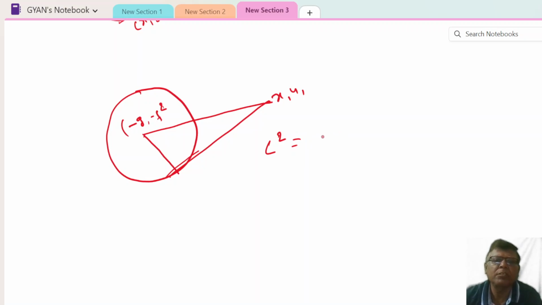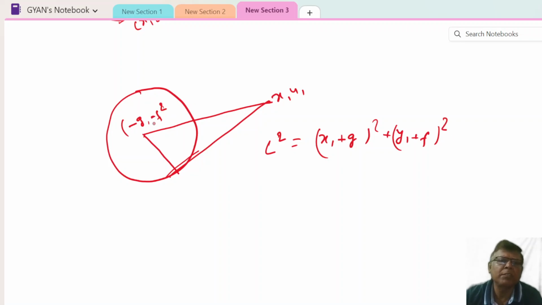This square is (x1 + g) whole square plus (y1 + f) whole square, minus a square. Suppose a is the radius.